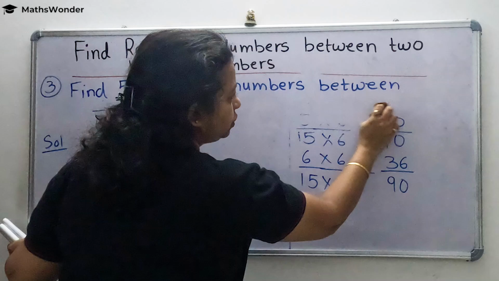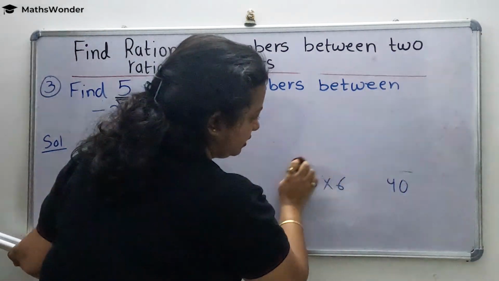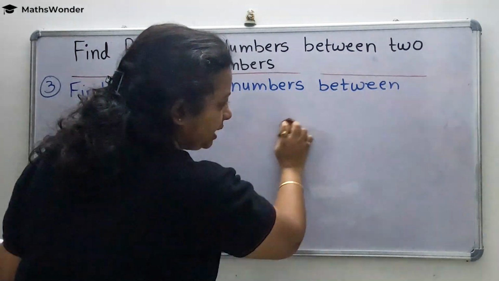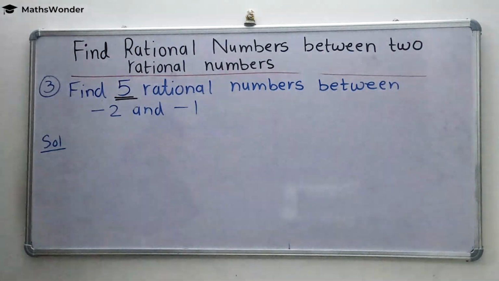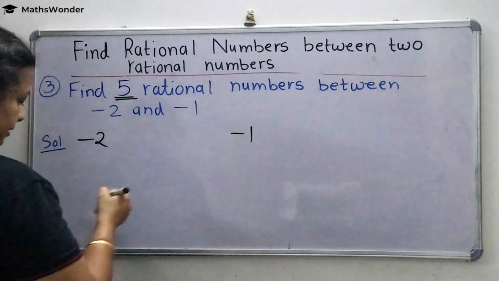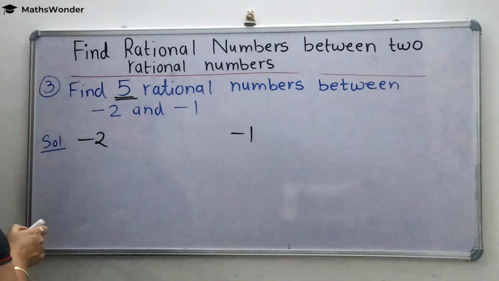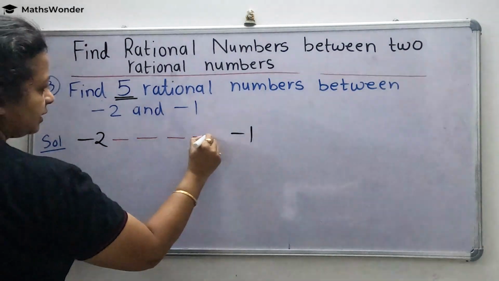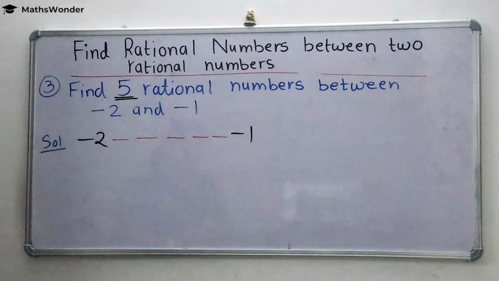No. If we don't have any denominator, then how will you find it? By multiplying the number itself. So here, what is n? It's 5, but plus 1 is 6. See, there are 2 methods.